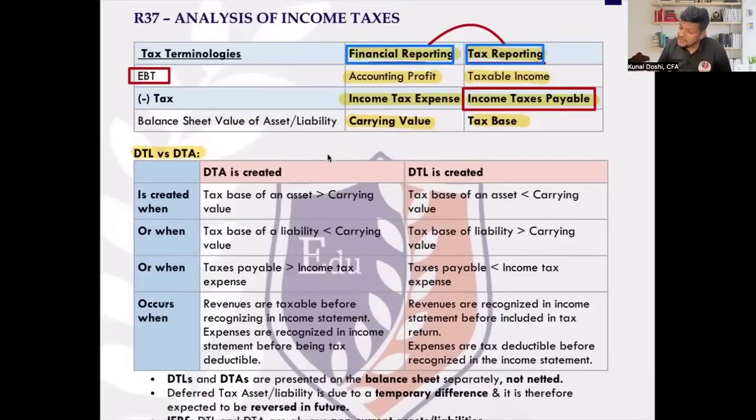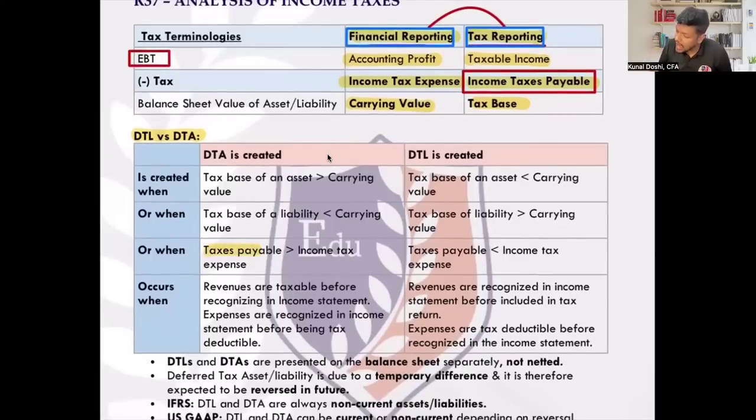Now, what if the taxes payable right now are more than the tax expense that you showed in the financial reporting? So actually you paid more taxes now, and this difference is temporary.